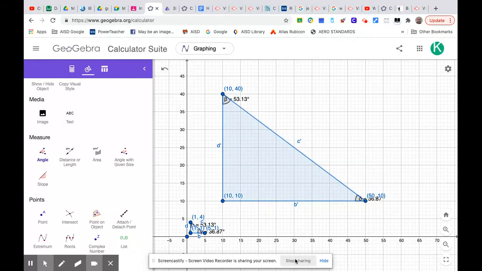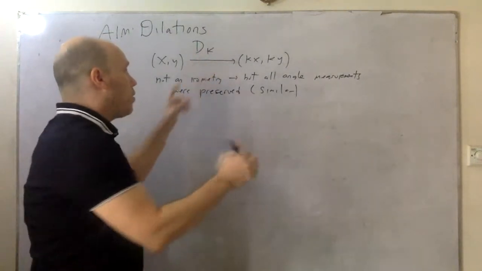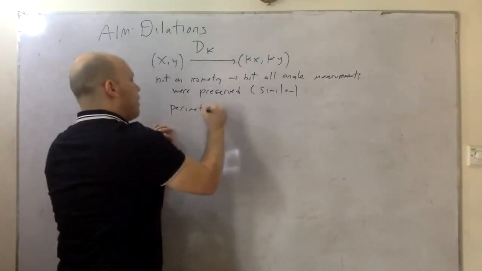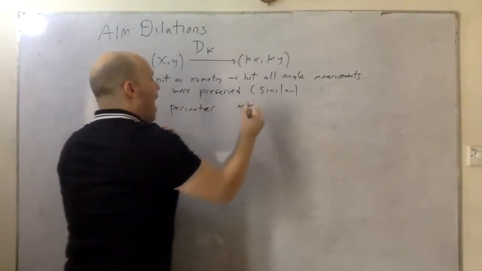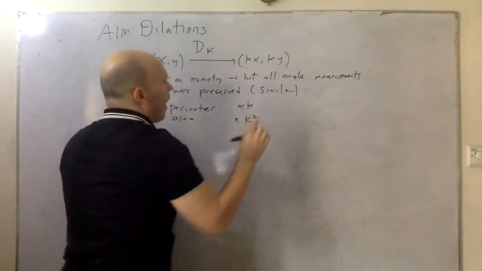The perimeter got multiplied by K, and we saw the area got multiplied by K squared.